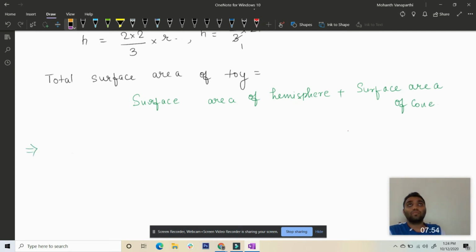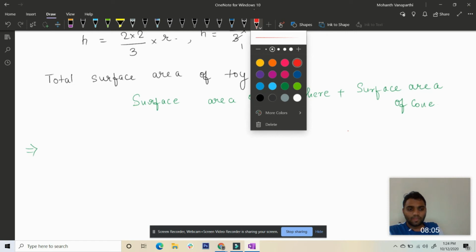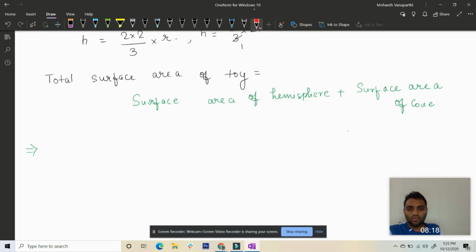Let us write. We know that the radius of hemisphere is given as 21 centimeters, and let us find the surface area of hemisphere as well as surface area of the cone.